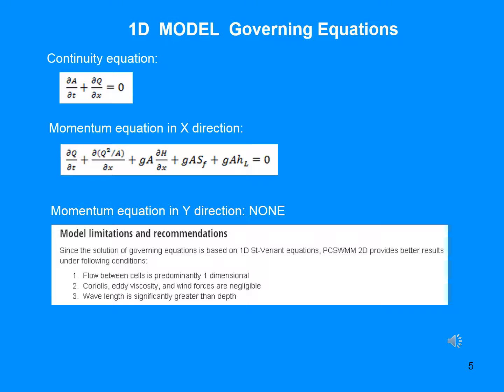This slide shows an example of 1D governing equations for hydraulic modeling. As you can see, the continuity equation doesn't have the velocity flux in y direction, and it doesn't use the momentum equation in y direction. At the same time, a 1D hydraulic model does not use eddy viscosity and turbulence.